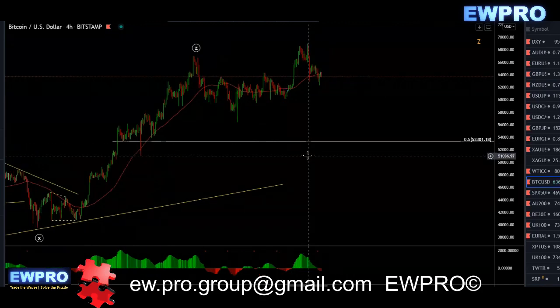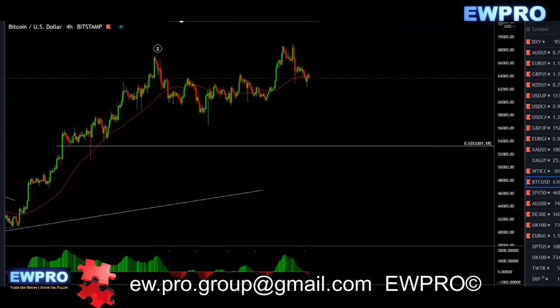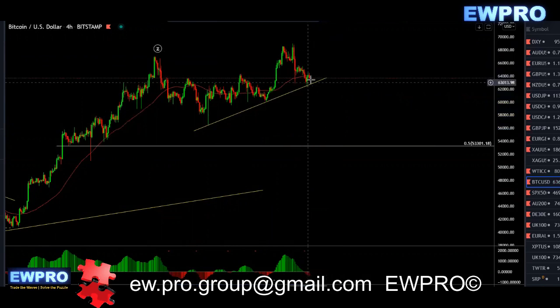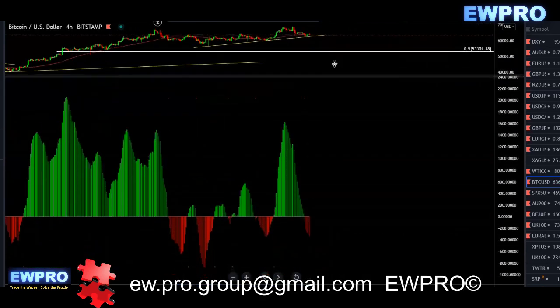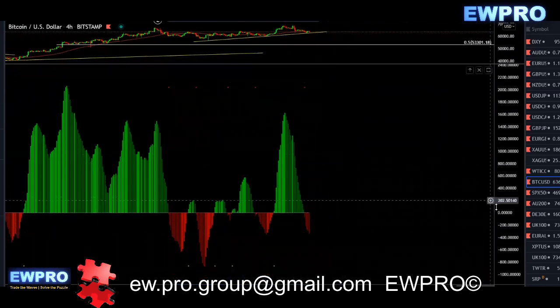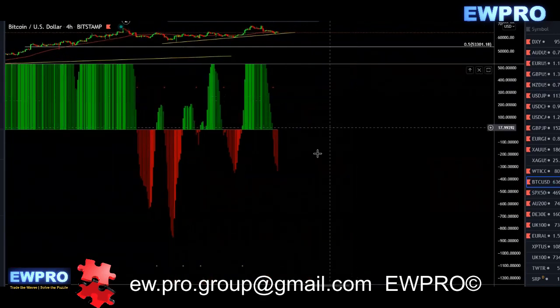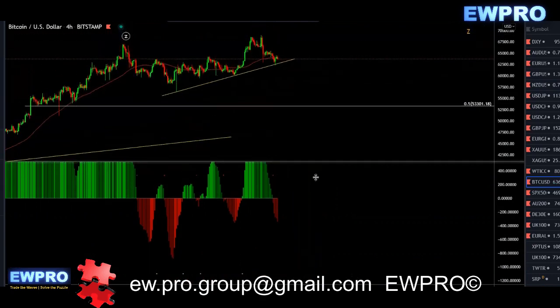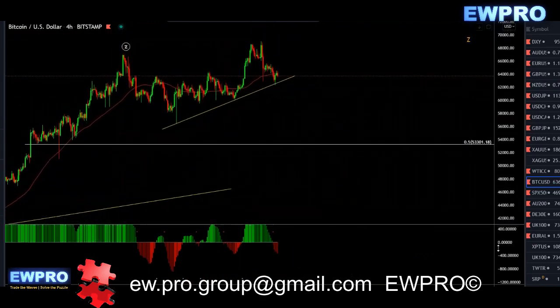But at this stage, we've bounced off this trend line. Do we have bull hidden? We don't quite have that bull hidden. I wouldn't be buying unless you got that bull hidden first.